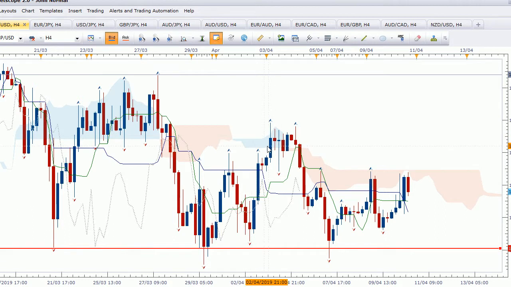Now there's many different indicators that will provide profit targets. You've got Fibonacci's, you've got your EMAs, you've got Donchian channels, Bollinger Bands, all sorts of indicators that will give you a level to look at to take profits.